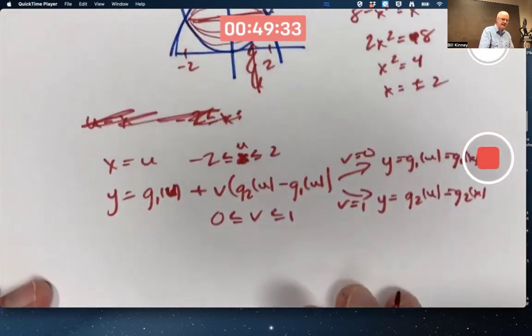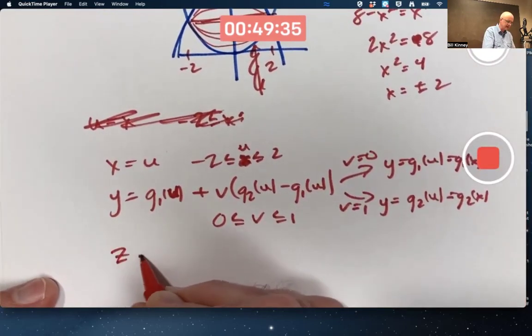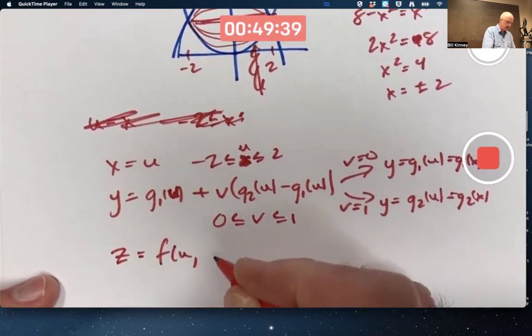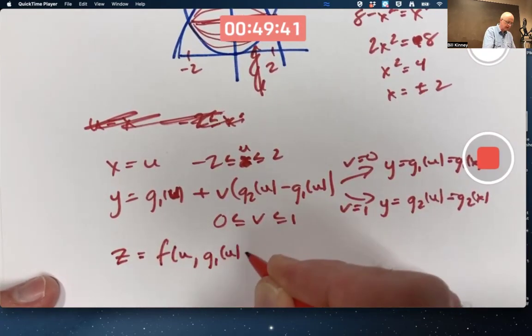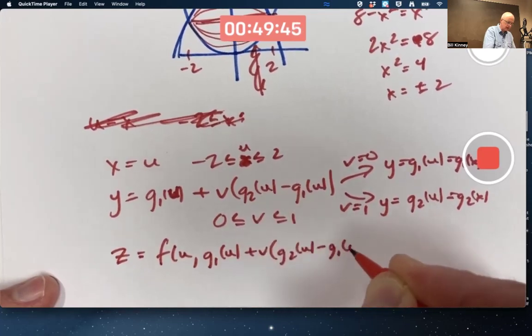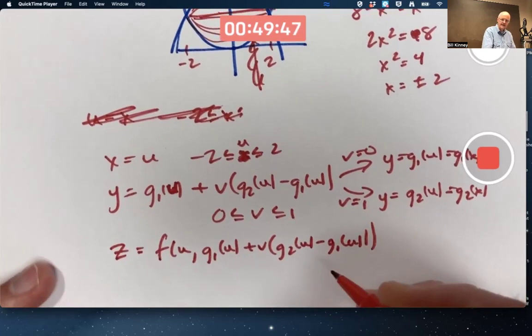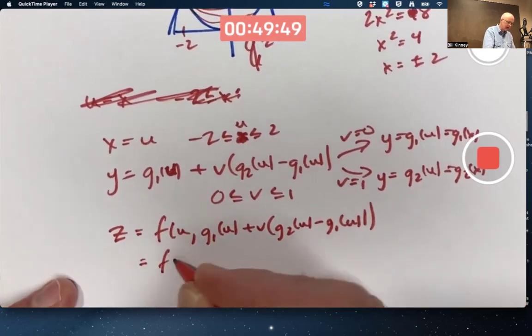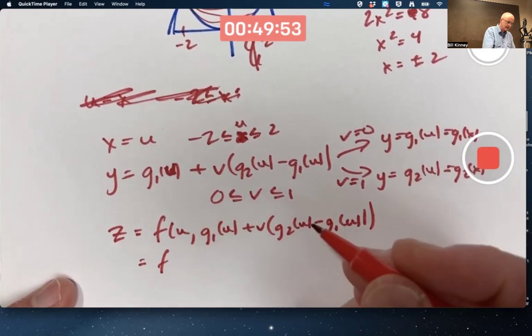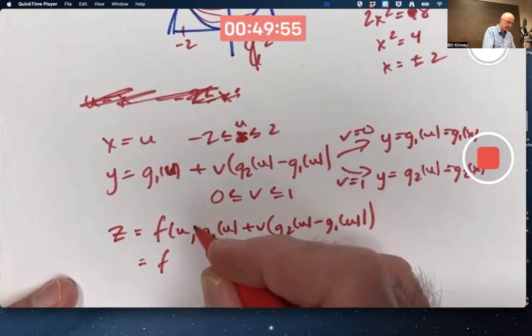And then you plug those things into the function to get z. So z is f of u comma g1 of u plus v times g2 of u minus g1 of u. And for our example, that's going to be f of, oops, that's not right. There's an extra v in here.